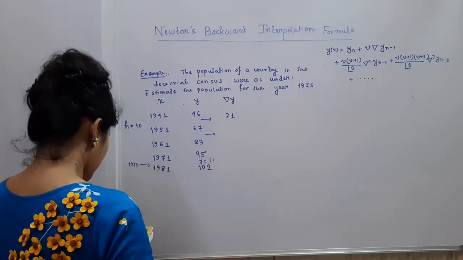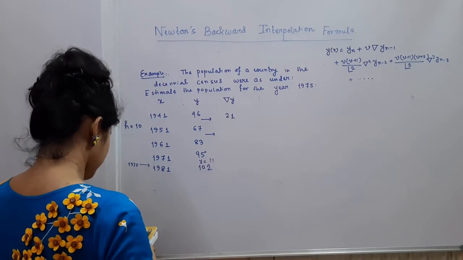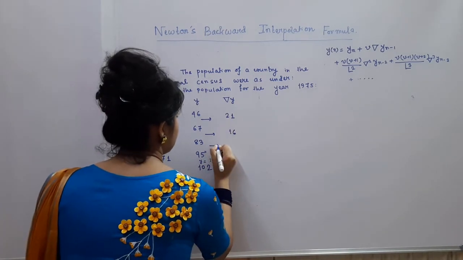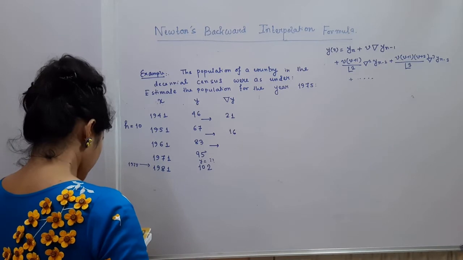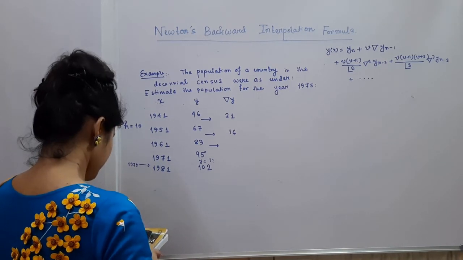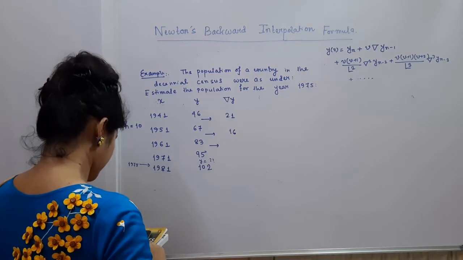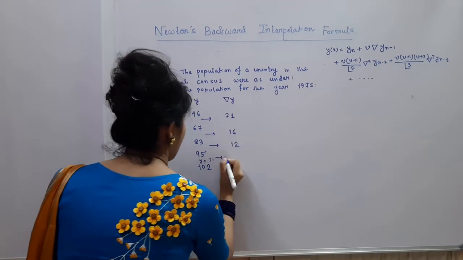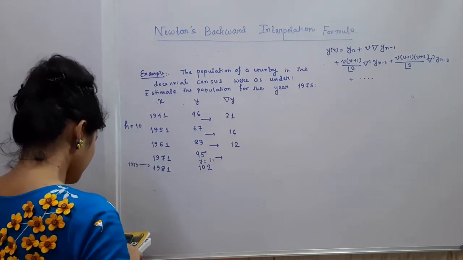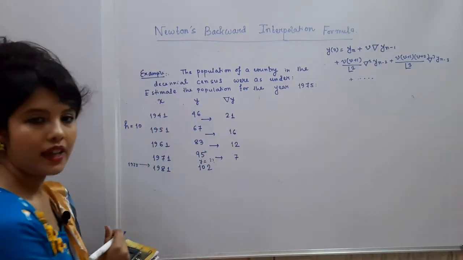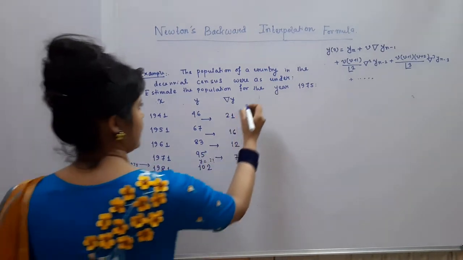Similarly 83 minus 67 is equal to 16. Similarly 95 minus 83 is 12. And finally 102 minus 95 is 7. So that is the first difference column.